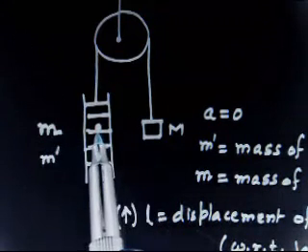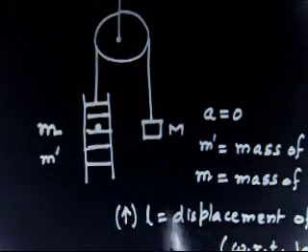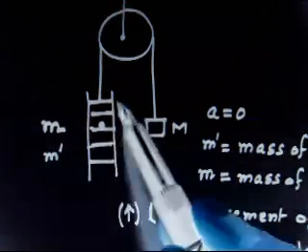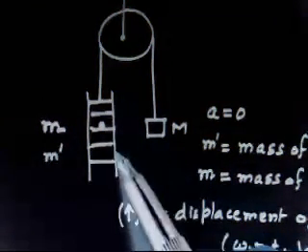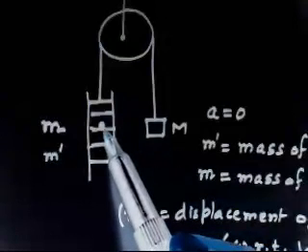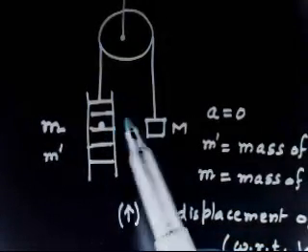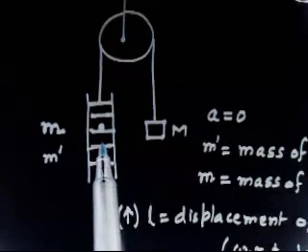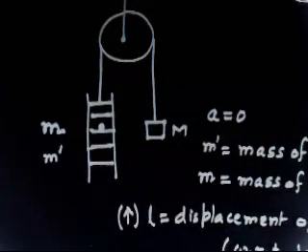So this is the center of mass of ladder, and the mass m also lies here. Initially I am assuming that the center of mass of ladder is at l by 2, and I am also saying this person is resting on the center of mass of the ladder. It will not basically change the final result.